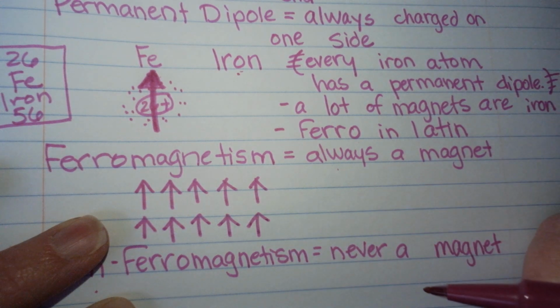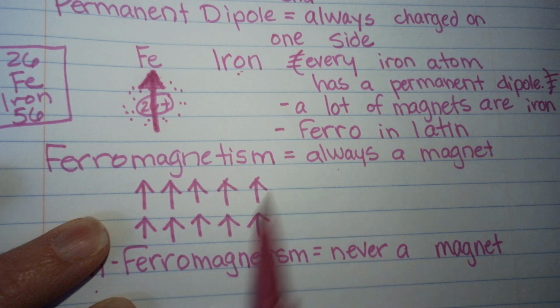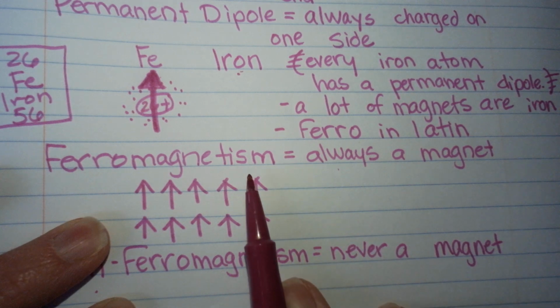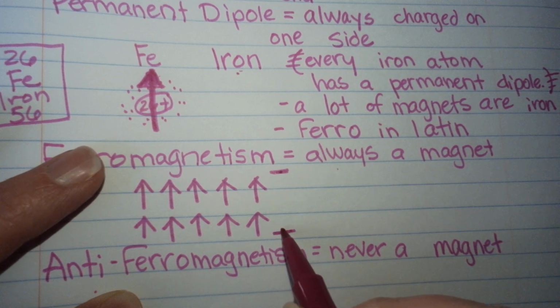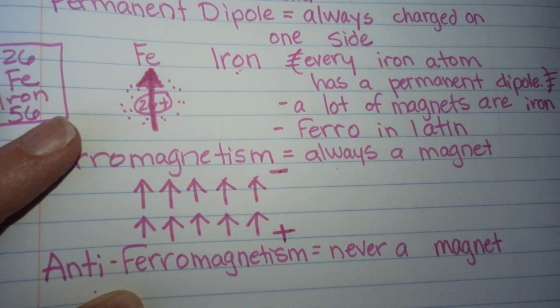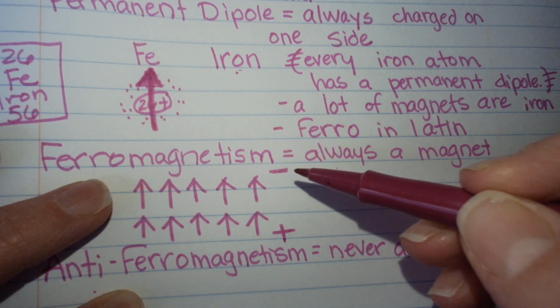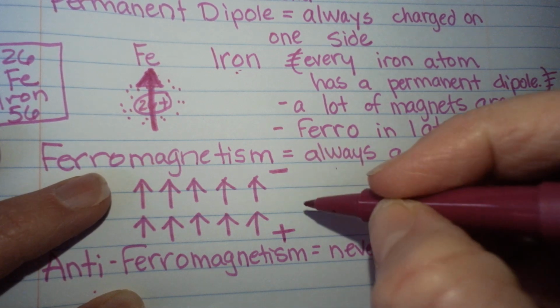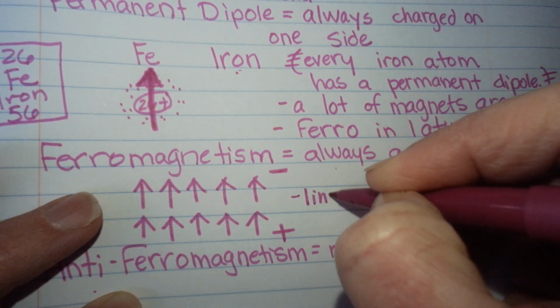Okay? Now, you might say, what do I care about that? Because if all of them are the same way, then we have a negative side and a positive side, and now we can have an attraction because there's a difference. This creates the dipole. So you might write that down.